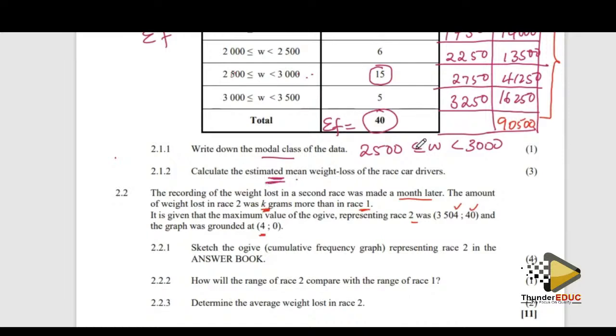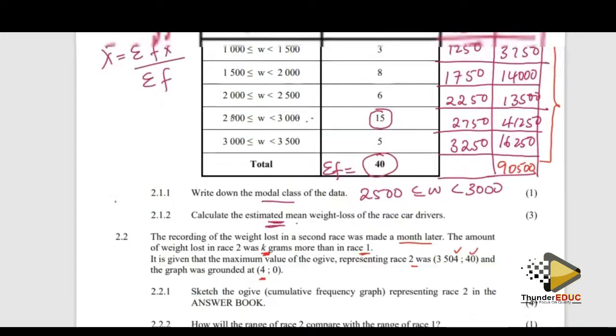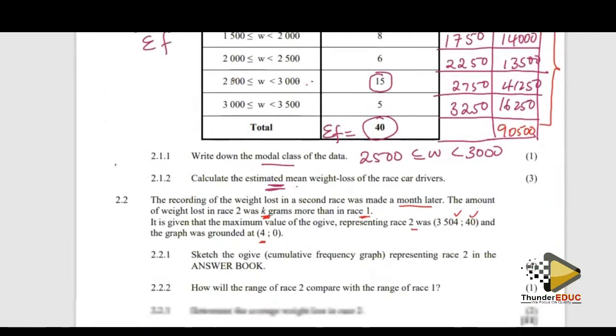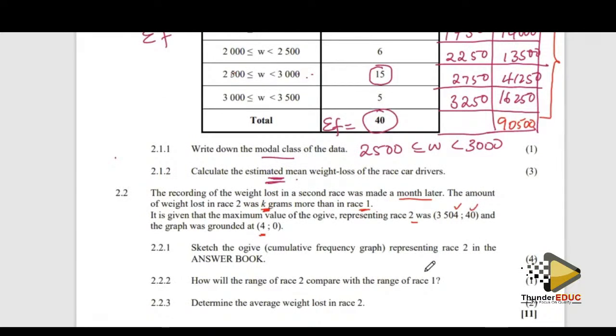Then they want us to sketch the ogive or the cumulative frequency curve representing race 2 within the answer book. So this table is for which race? They don't tell us. Just looking at the second table.